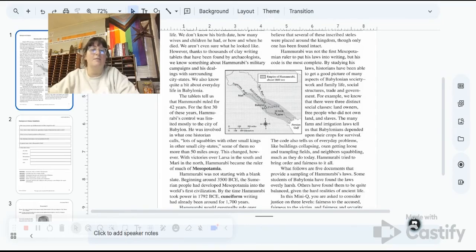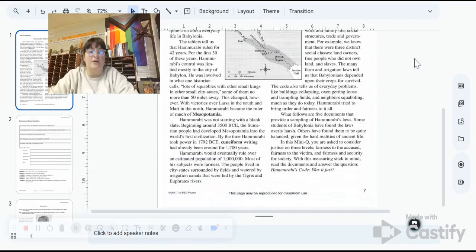The many farm and irrigation laws tell us that Babylonians depended on their crops for survival. The code also tells us of everyday problems like buildings collapsing, oxen getting loose and trampling fields, and neighbors squabbling, as much as they do today. Hammurabi tried to bring order and fairness to all.